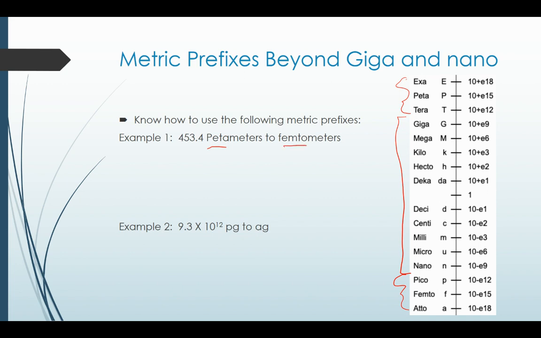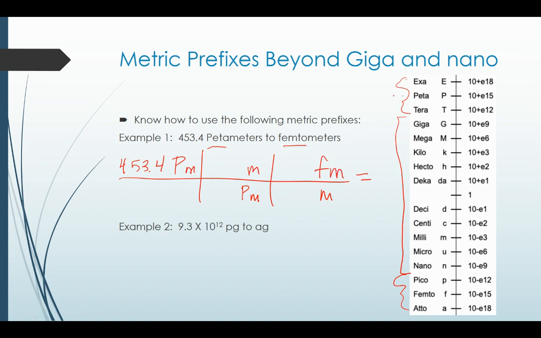So again, you should be able to go to farther metric prefixes. So 453.4 petameters. And remember, there's a difference between the capital M and the lowercase m, so make sure you're distinct. The way that I taught you before, capital PM, petameters: go through the base unit first and then go from the base unit to the other prefix, the one that's higher up on the list.